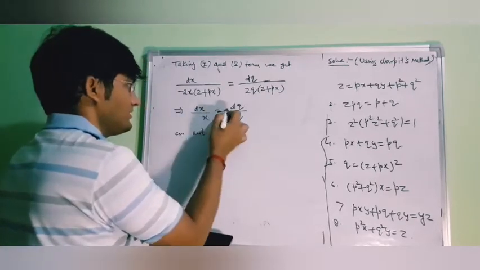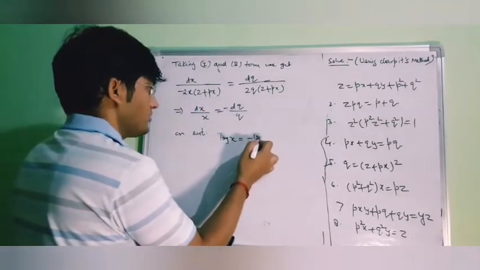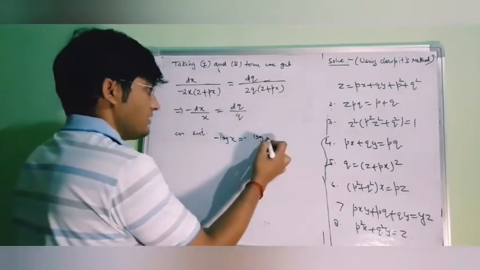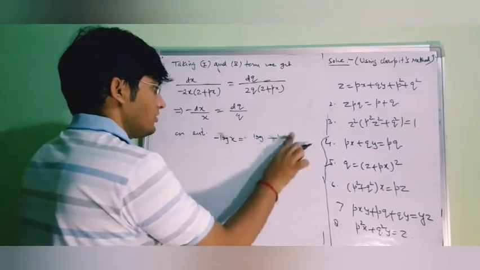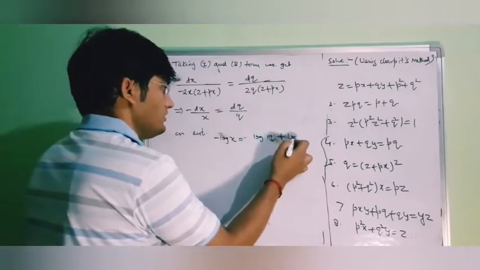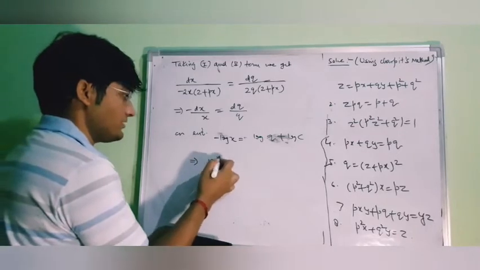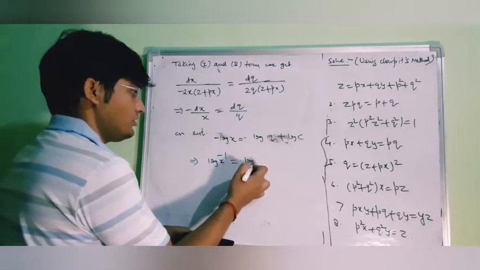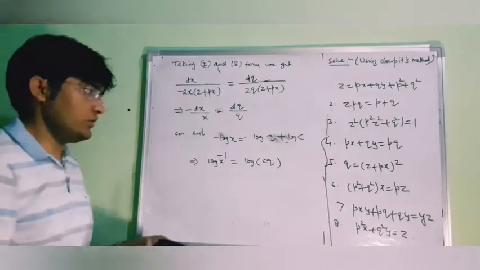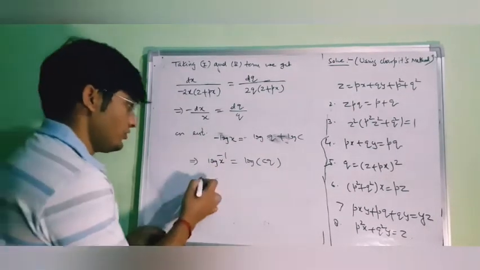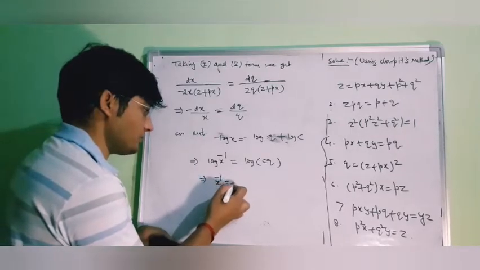So this minus sign is here, equal to minus log q. So this will be minus log x equal to log q plus some constant of integration log c. So from here we will get log x power minus 1 equal to log cq. We know that log m power n is n log m. So x power minus 1 equal to cq.